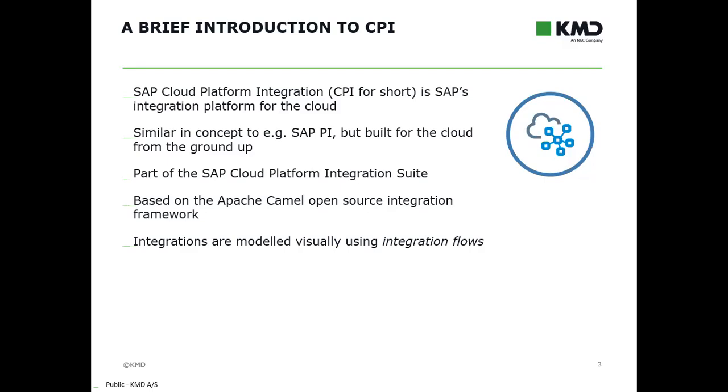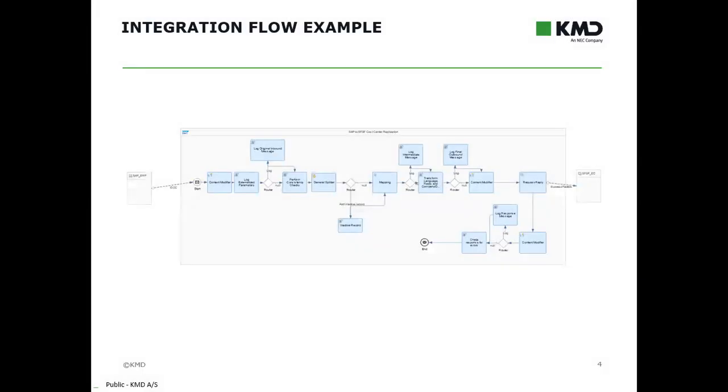And then in CPI, you model your integrations visually using the so-called integration flows. This is an example of an integration flow. We're just going to call them iFlows. That's shorter. So basically a visual modeling of an integration process.